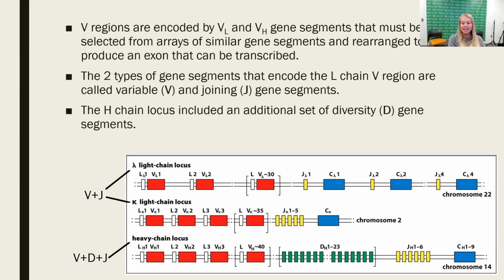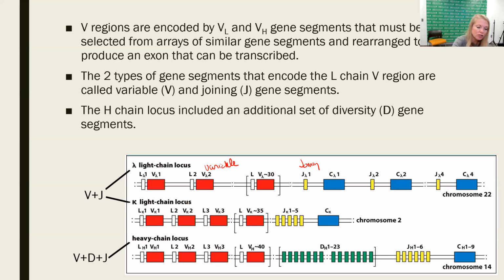Within the light chain variable region, there's 2 different segment types. There is the variable, that's what we see in the red. We see the joining, and those are the 2 that make up the region. So we see that with both the light chains, variable in red, joining in yellow.